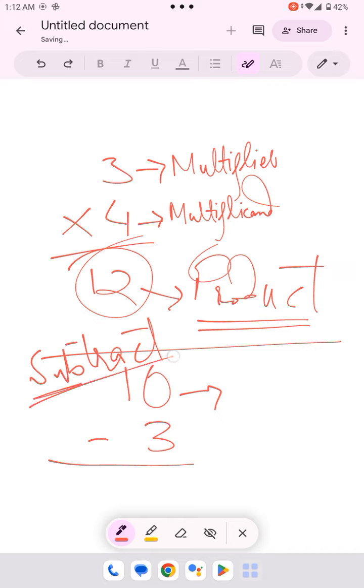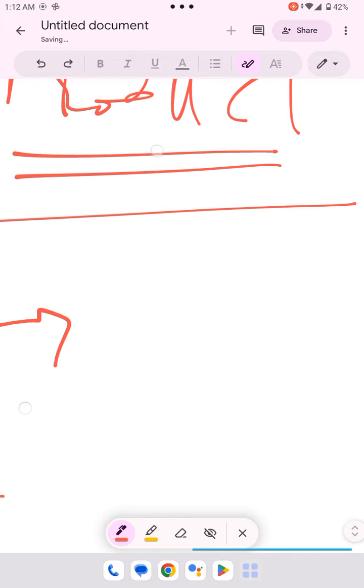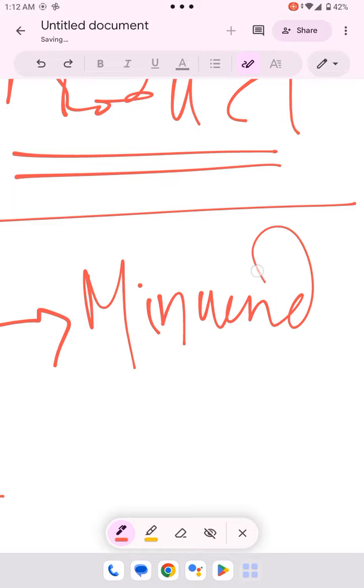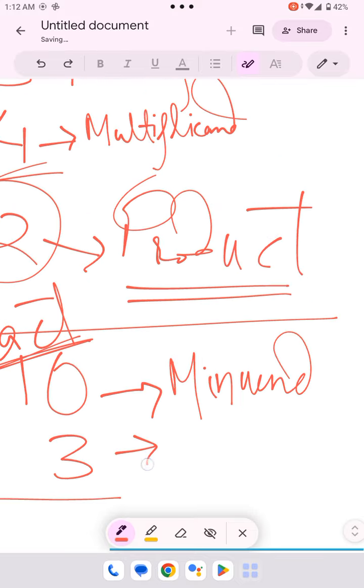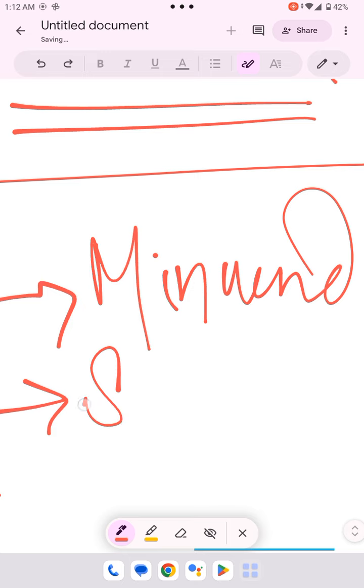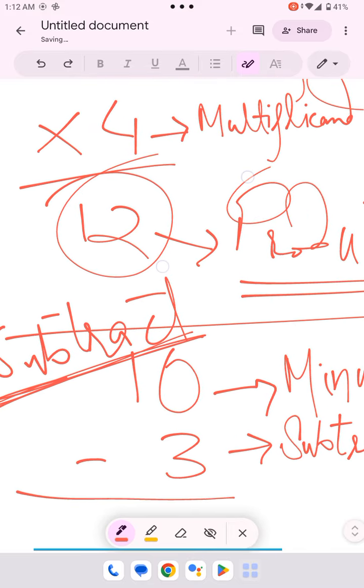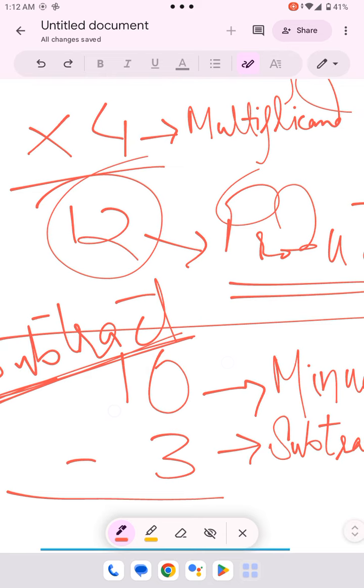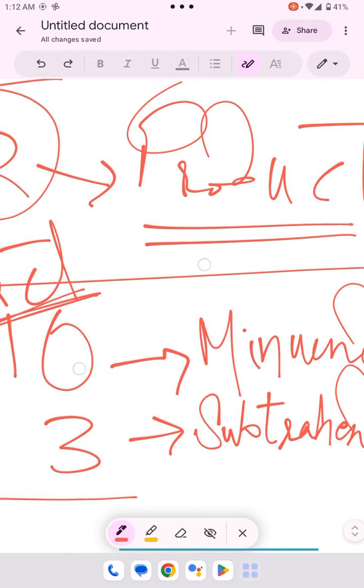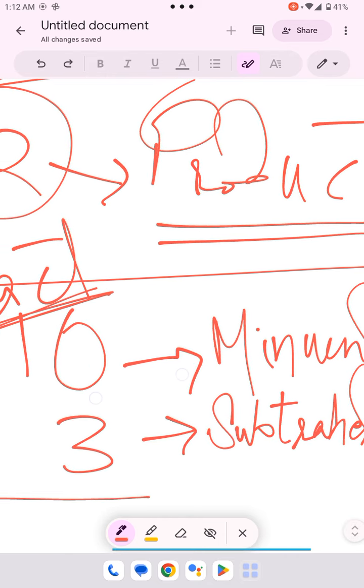So to subtract this, 10 is called the minuend, and 3 is called the subtrahend, and the answer after subtraction is called the difference.